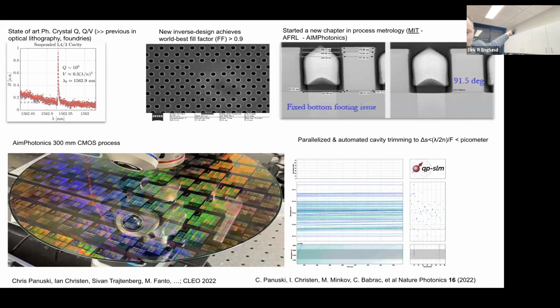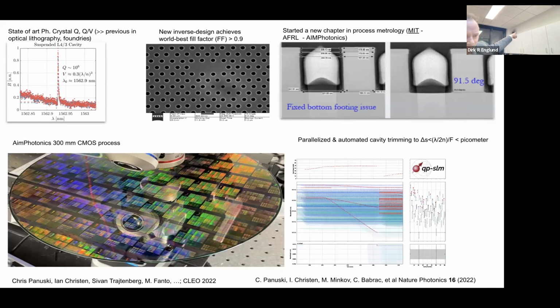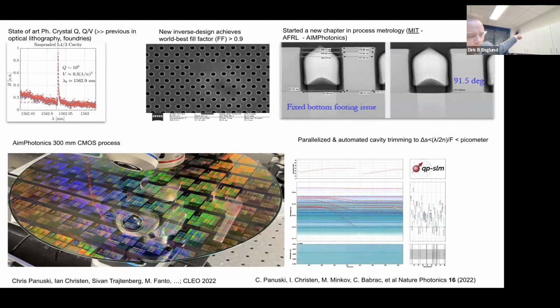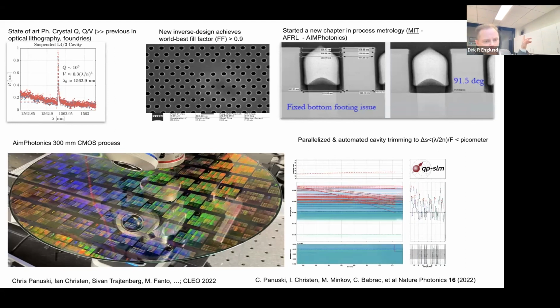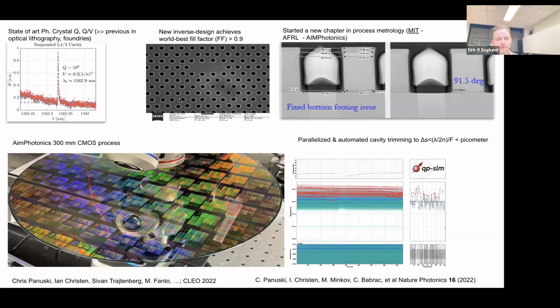It's a 300 millimeter wafer from AIM Photonics or from the Albany fab, that if you filled it up with modulators of this type would have 20 billion modulators.